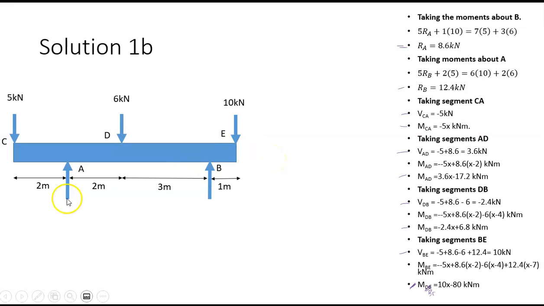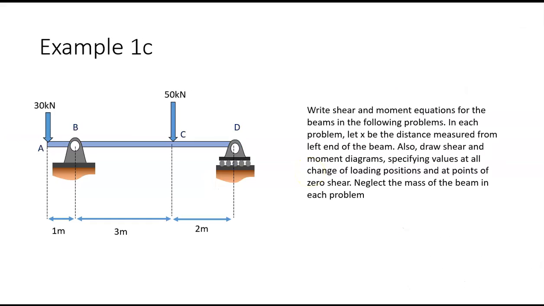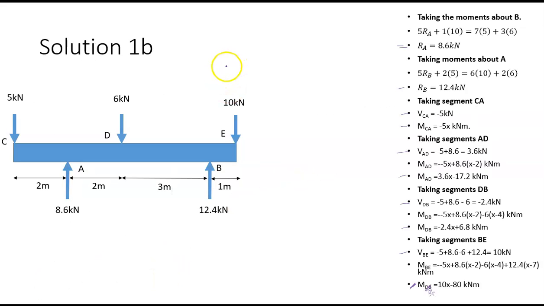And if I was to graph them, I would get something like, so the shear force. From C to A is minus 5k, so it'll be down here, minus 5k. And then it'll run along for 2 meters. And then it would be 3.6k. That's that value there.